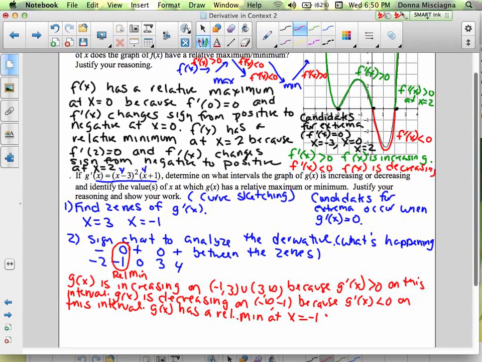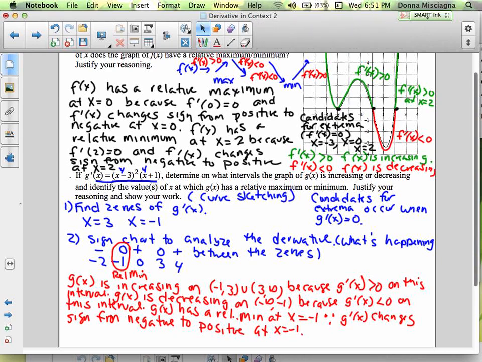This is the symbol for because. I'm tired of writing because. Because g prime of x changes sign from negative to positive at x equals -1. And there we go. We don't have any other extreme values.